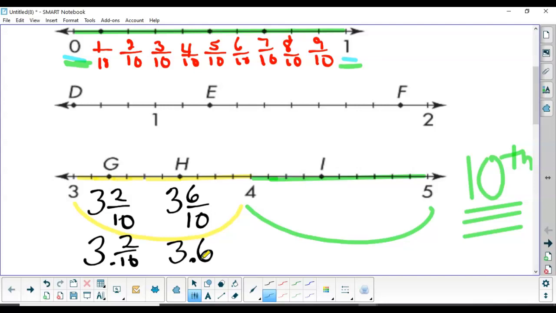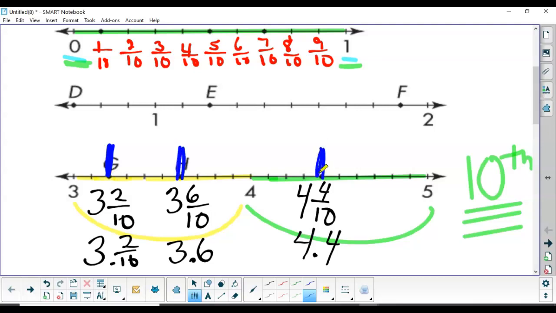All right, good job. Now, when we're looking at the next piece, 4 and 4/10. Now, just as a little question here, who thinks they know if I was talking about hundredths now?